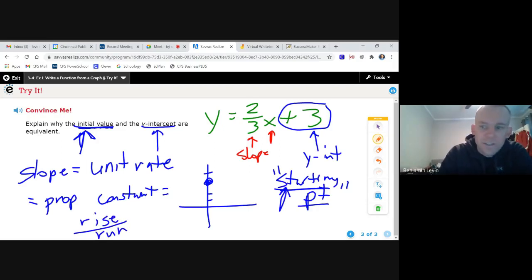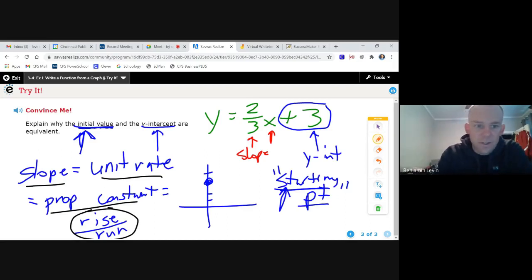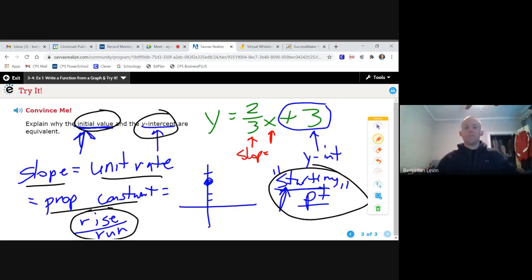Slope, unit rate, proportional constant, and rise over run are all the same thing, just like initial value, y-intercept, and starting point are all the same thing.